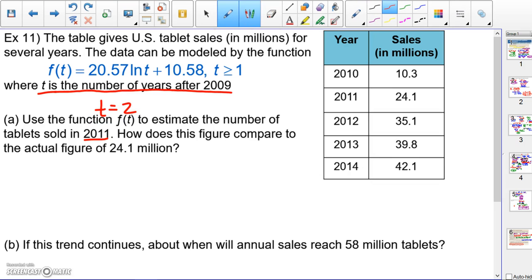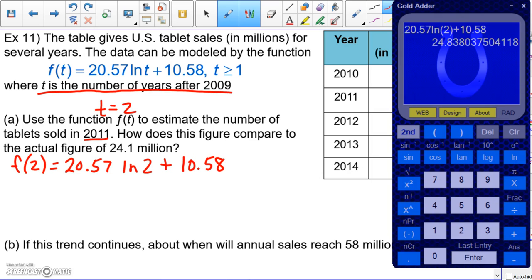So really all they want me to do is plug in 2. f of 2 equals 20.57 times the natural log of 2 plus 10.58. I plug this in the calculator and I get somewhere around 24.8 million.